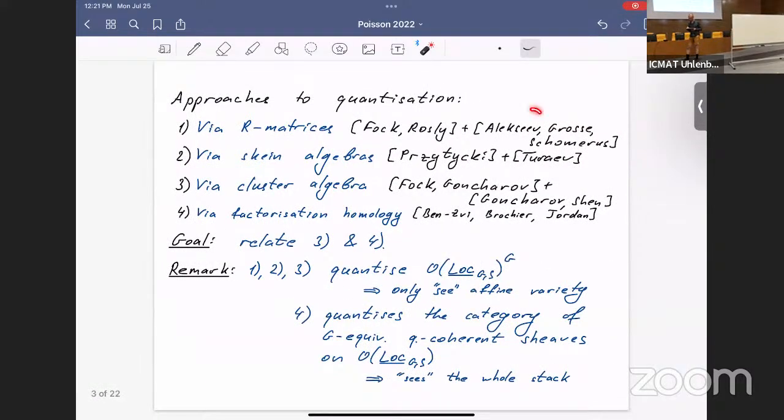And what was done by Alekseev, Grosse, and Schomerus, this picture was quantized, so you can present these algebras as some kind of RTT type relations. So some algebra satisfying R-matrix relations. Another approach was in terms of skein algebras, and I'm sure that this list of references is incomplete, but the ones that I always keep in mind are Bereziisky and Turaev.